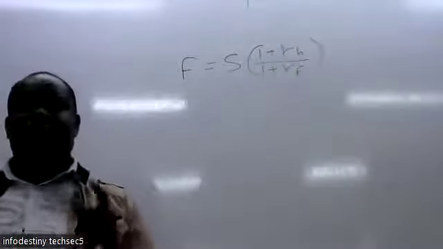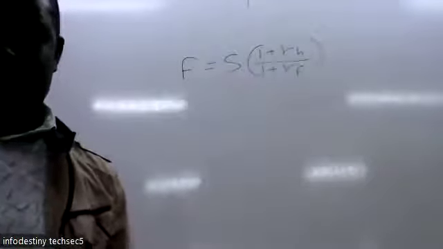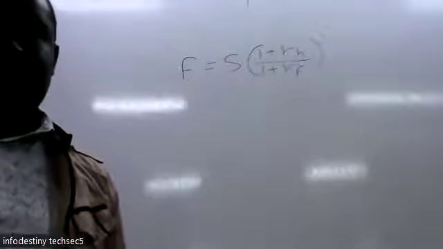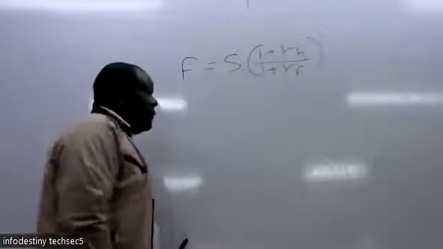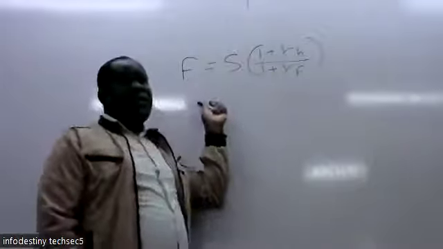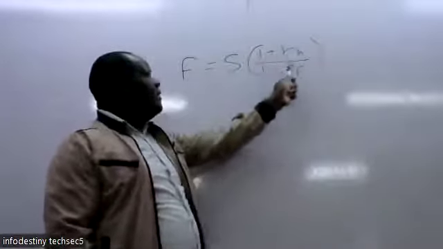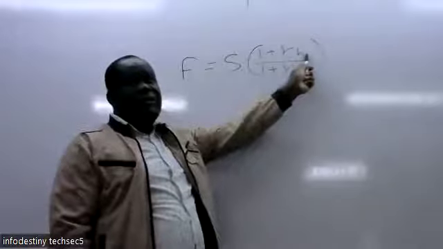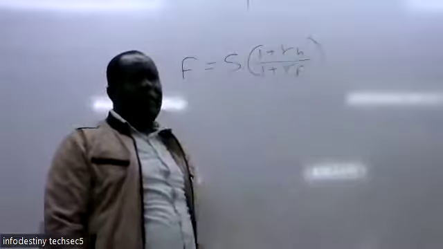It is simply a model we use to determine the forward exchange rate by taking into consideration the interest rate between the two countries. So to get the forward rate, simply take the spot rate, then in brackets, 1 plus the interest rate at home country, divided by 1 plus interest rate of the foreign country.